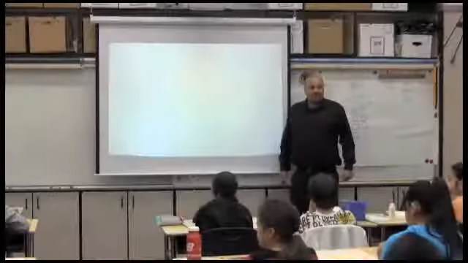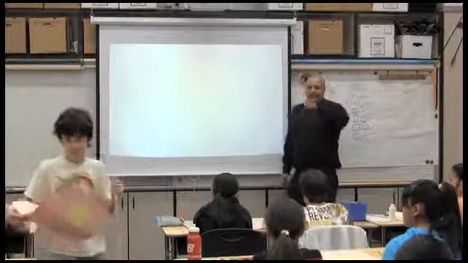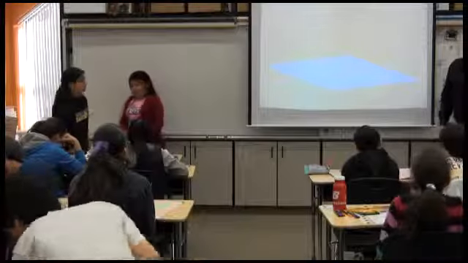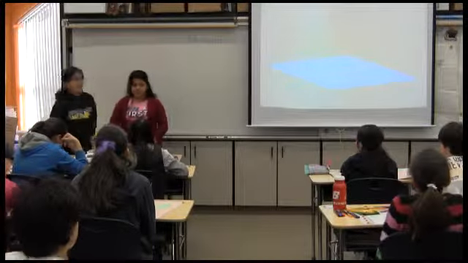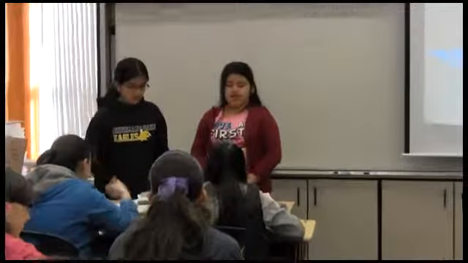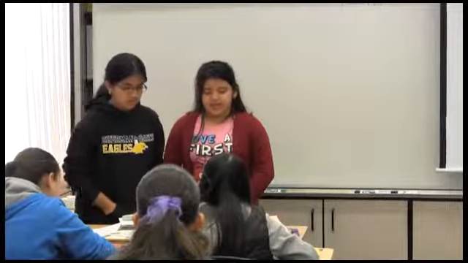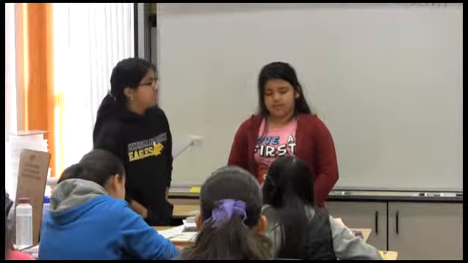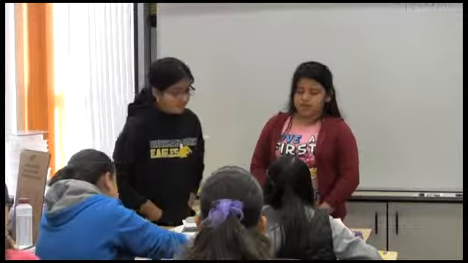Is there another group that would like to come up and present? Emily and Jocelyn. All right, tell us about this polygon. It's a parallelogram. A parallelogram has 2 pairs of parallel lines.